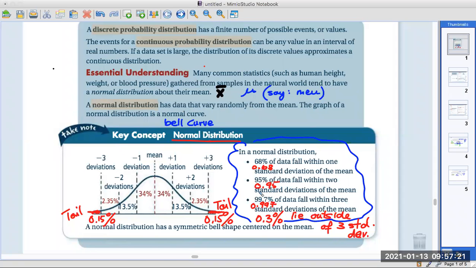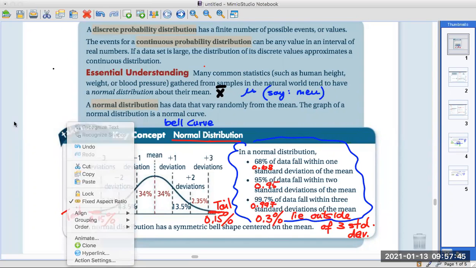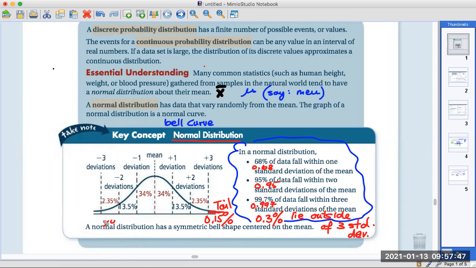Okay, so back to that first page, and let's look where we're at. I'm going to erase what we have here so we don't get confused.